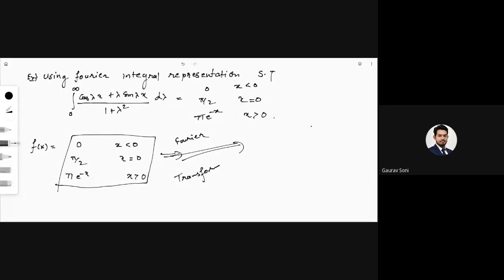Once you find the Fourier transform, give the Fourier integral representation. It will be this equation. Okay, so this is your process that you have to do, and this is also the end of the Fourier transform. In the next lecture, we will start with Laplace transform.